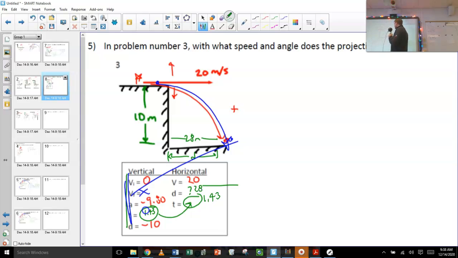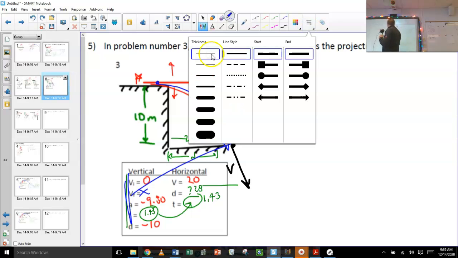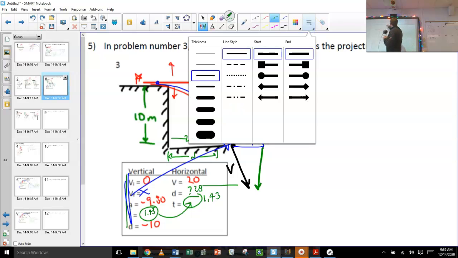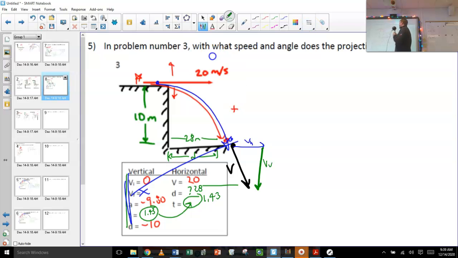When this projectile hits the ground, it's going at some velocity v. It's going forward with the horizontal velocity, and it's going vertically with another velocity. Horizontally, it is going 20, because projectiles go forward at a constant speed their entire time.